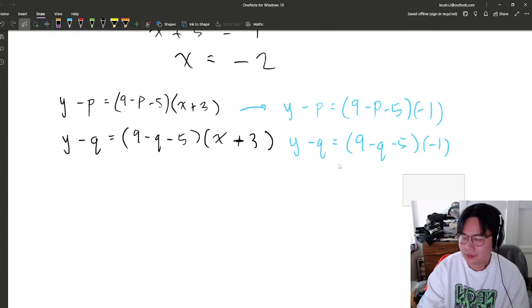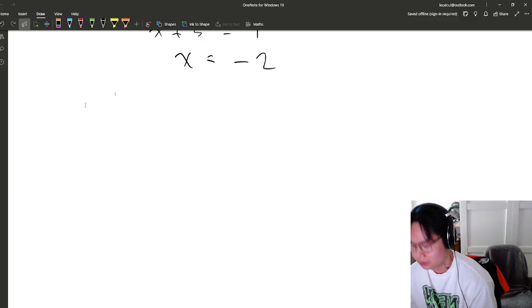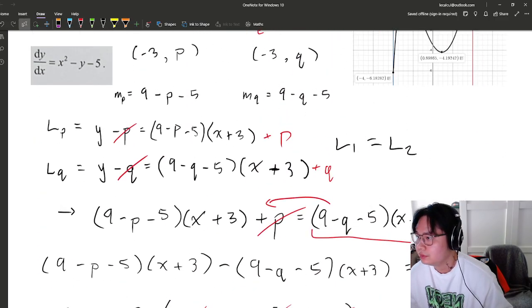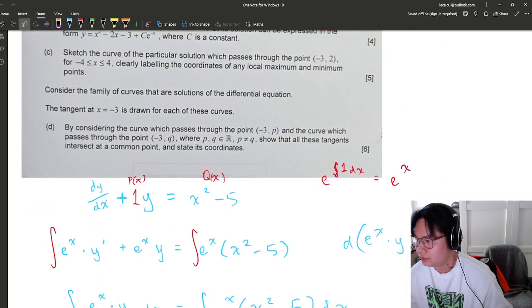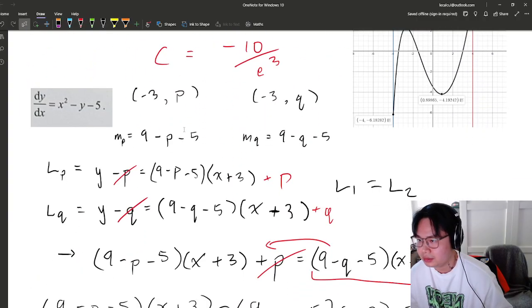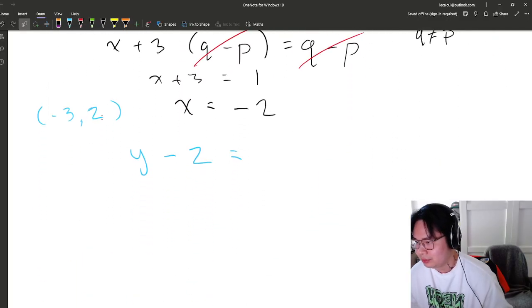Okay. -3, 2, y equals 2 equals what is the slope? 9 minus p minus 5. 9 minus 2 is 7, minus 5 is 2.